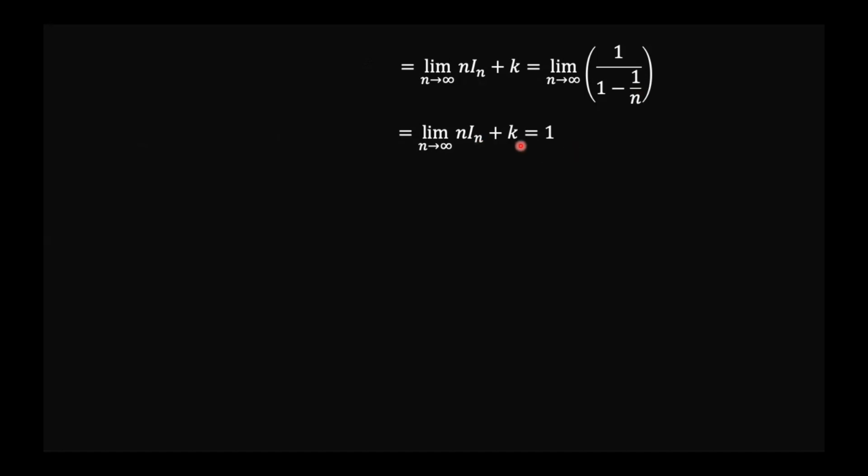So the issue is, now we see that if we add that constant, which is the limit as n tends to infinity of n times the integral of tan to the power n plus 2, or n minus 2, to our main integral I_n multiplied by n, taking its limit as n tends to infinity, it is equal to 1.